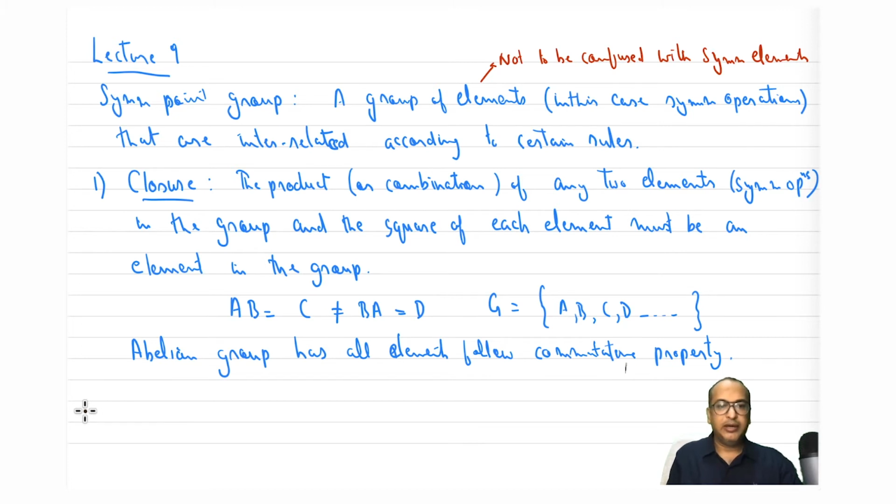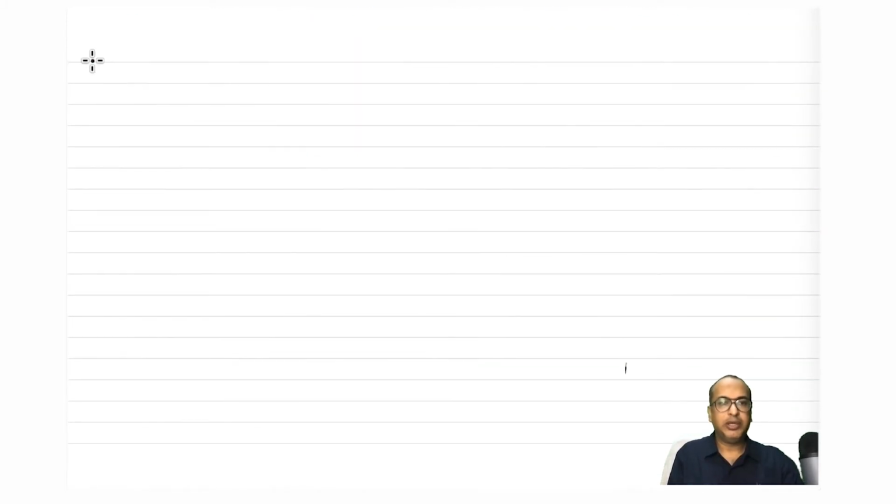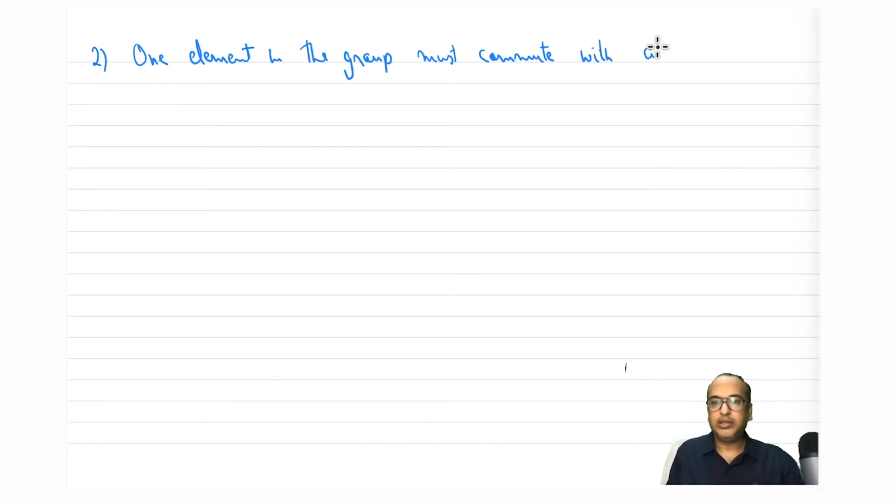Okay. The second definition, let me go to the second page: one element in the group must commute with all others and leave the element unchanged. We will see what it means mathematically.